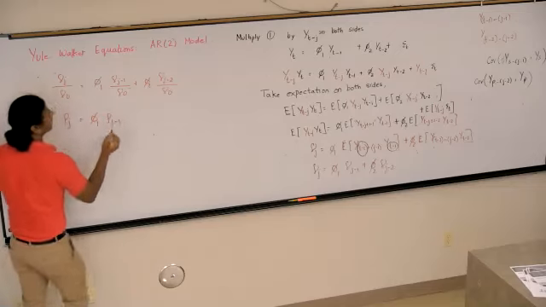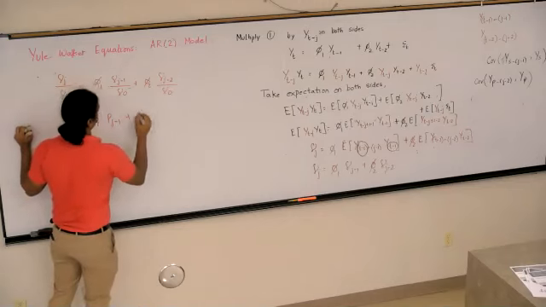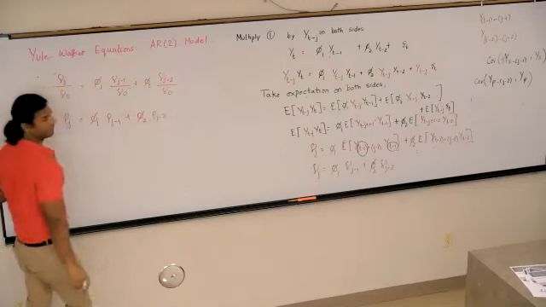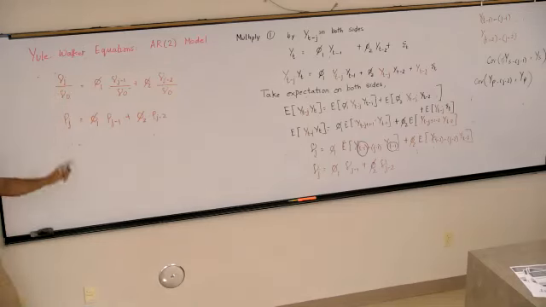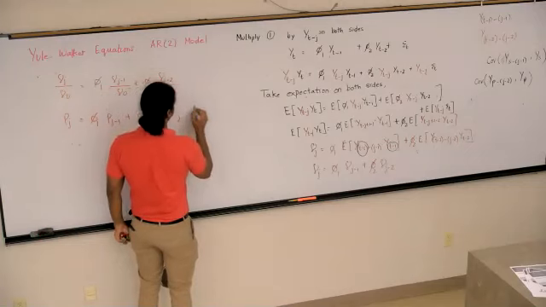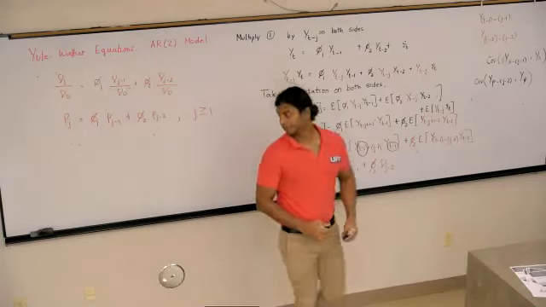So rho j equals phi1 times rho j minus 1 plus phi2 times rho j minus 2. And that will work for j greater than or equal to 1.